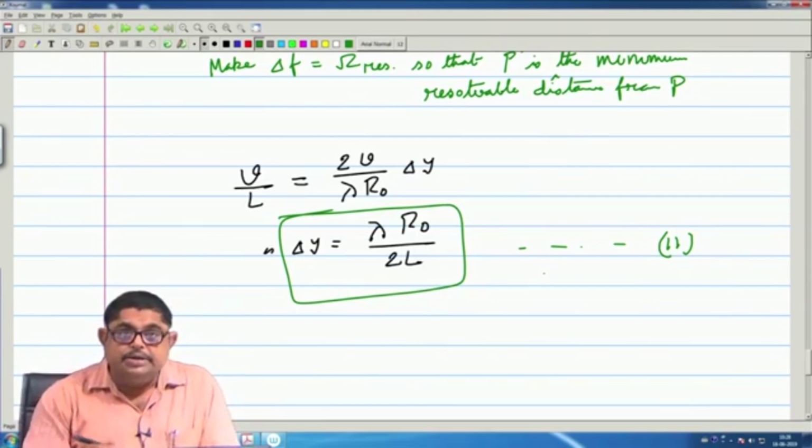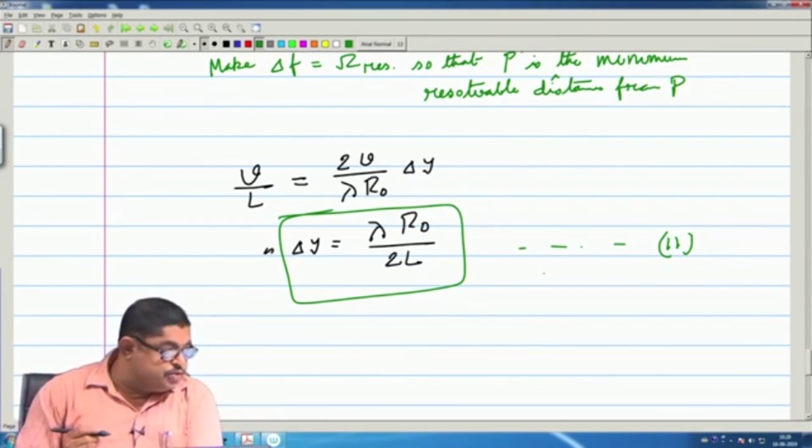Now, let us see what is the limit to this cross range resolution.